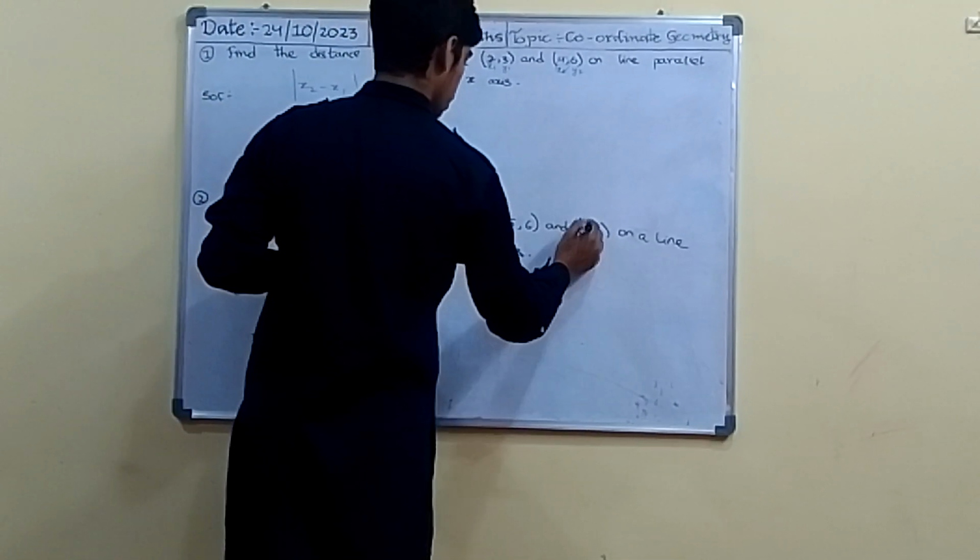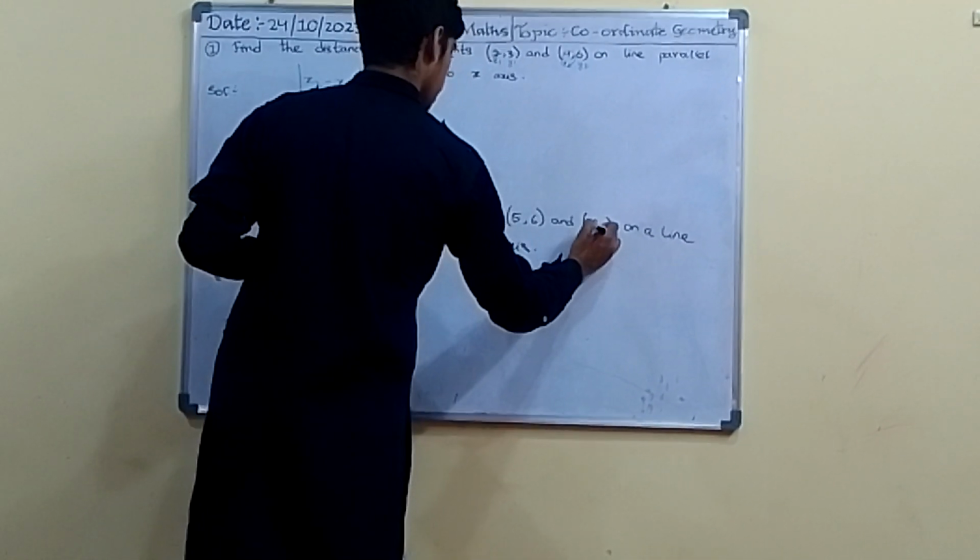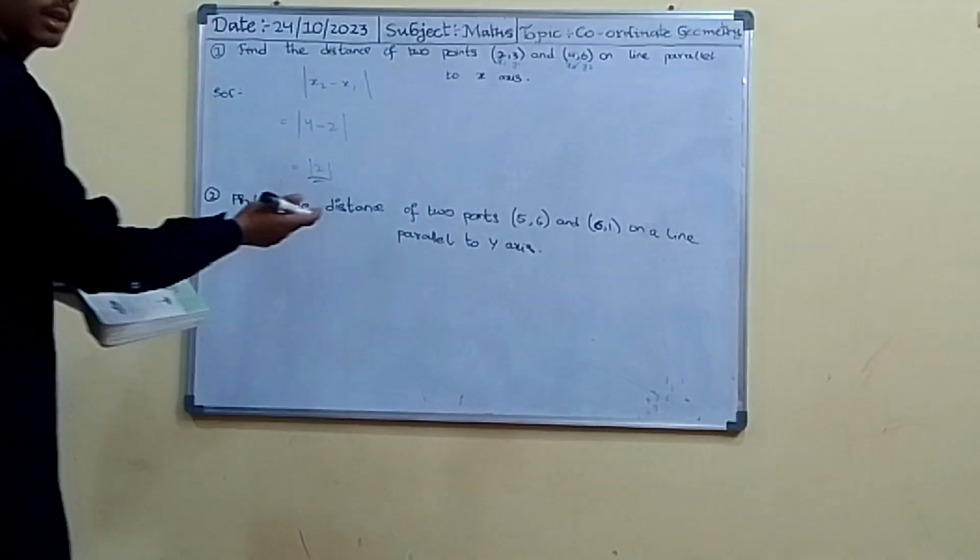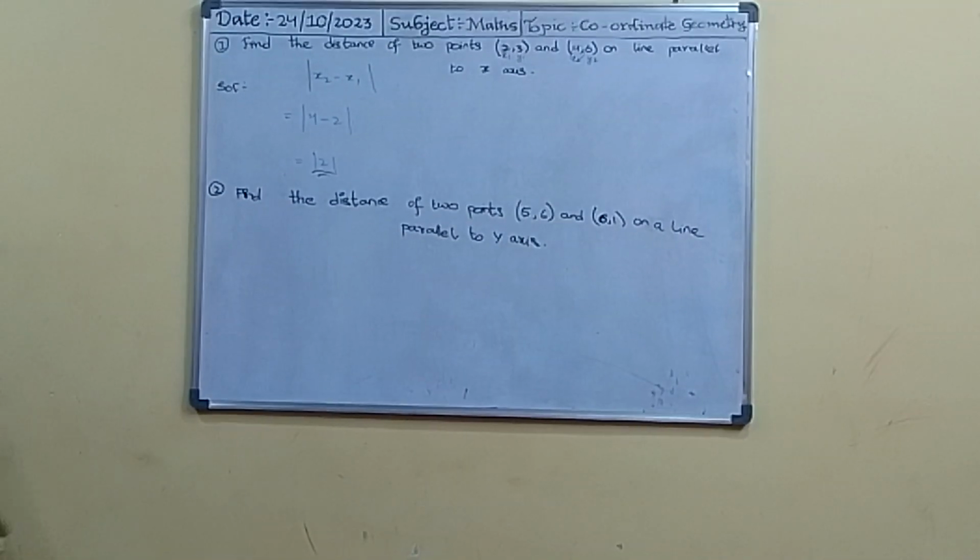Sorry, here it is 5, 6 and 6, 1. So this is the given question. This is the question for the second formula.